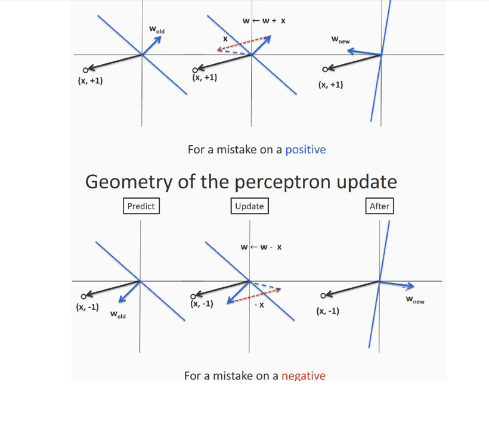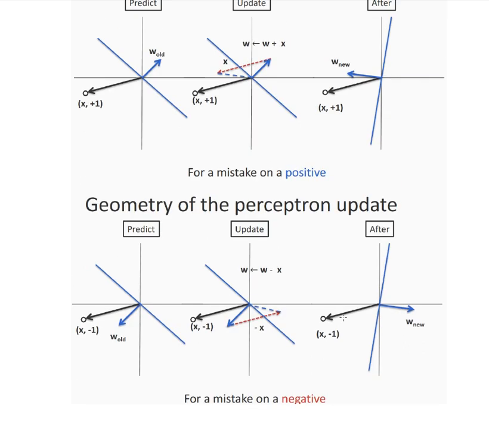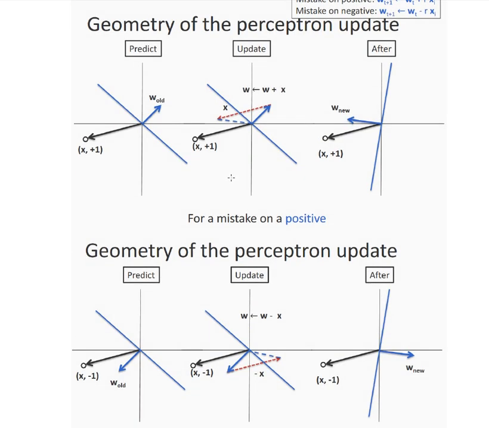The W old will be updated and becomes W new. Once the W new is updated, the decision line has inclined. So this becomes a new decision line. So this is how the perceptron keeps on adjusting the weight.